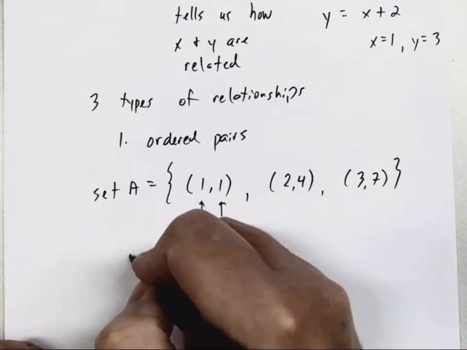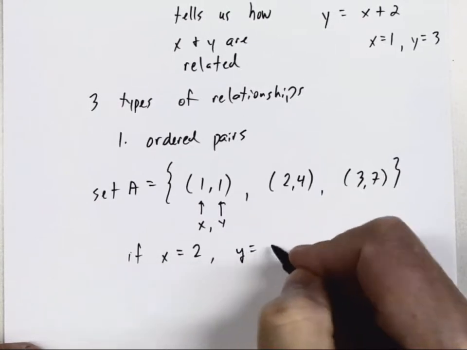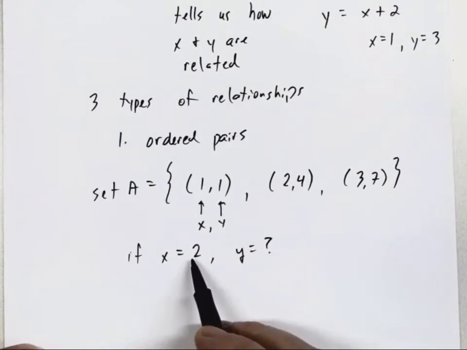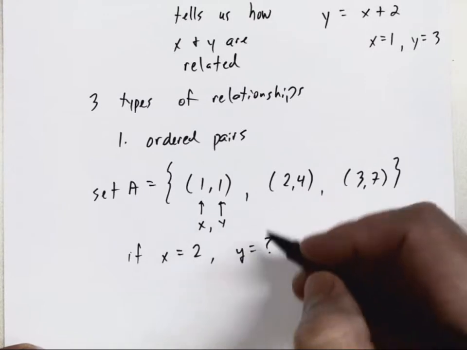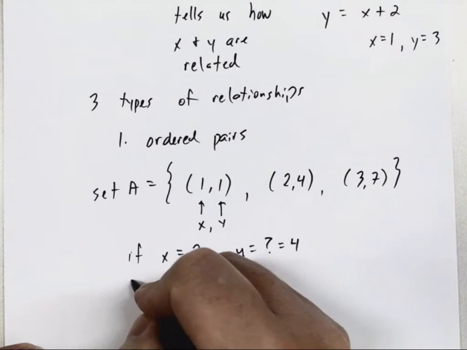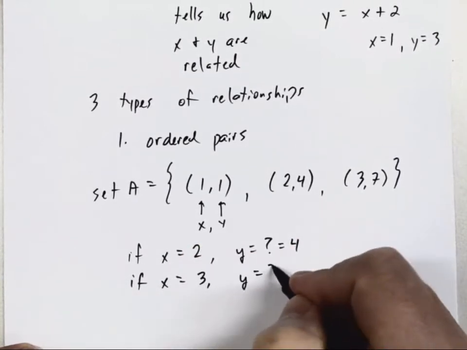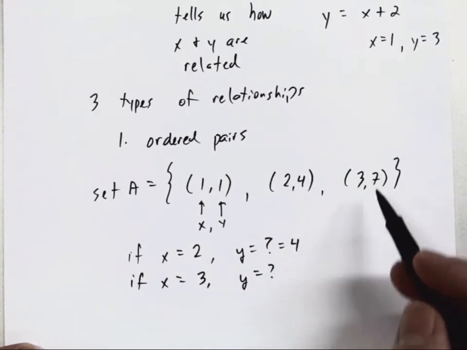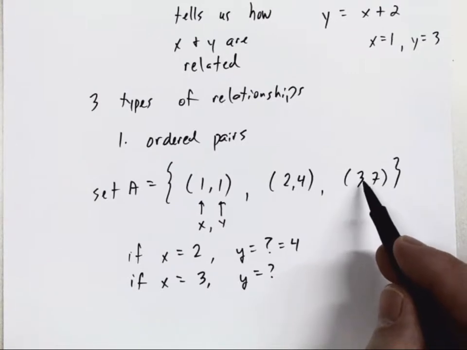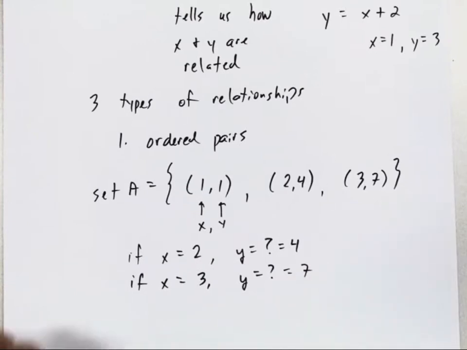In other words, based upon this set here, if x equals 2, what does y equal? Well, when x is 2, y is 4. If x equals 3, what does y equal? I go to the ordered pair that has x equal to 3, and I say, okay, when x is 3, y has to be 7.